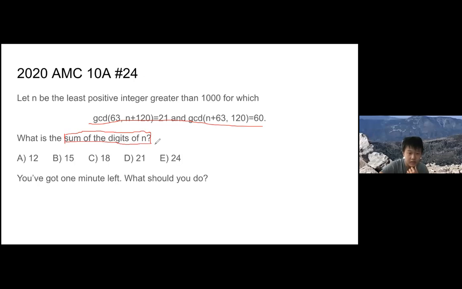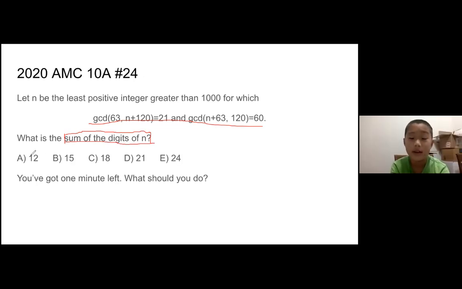So how would you test 12, for example? Like you insert that into the places of n. So if the common denominator of 63 and 132 is 21, then it would be that.